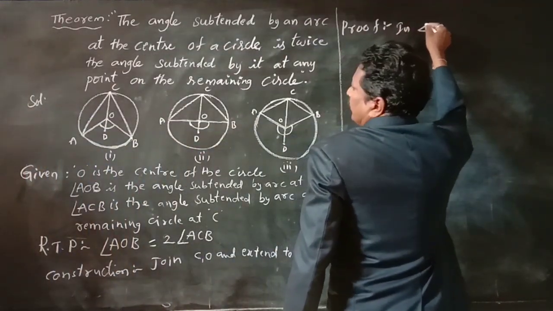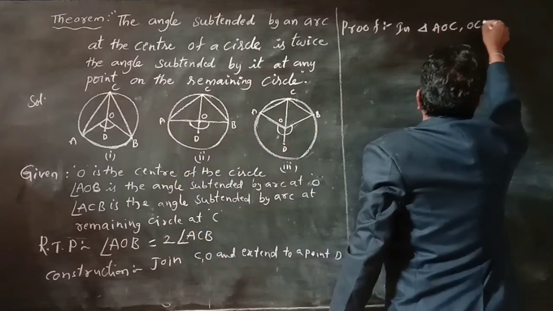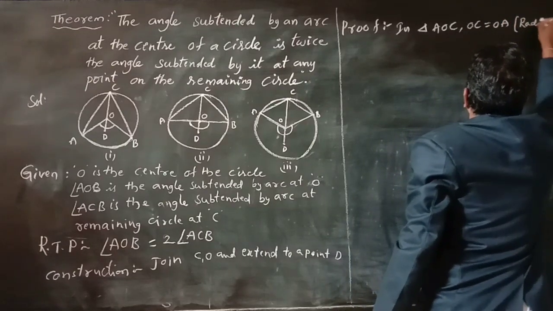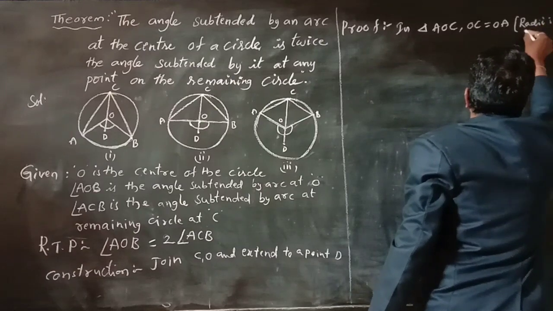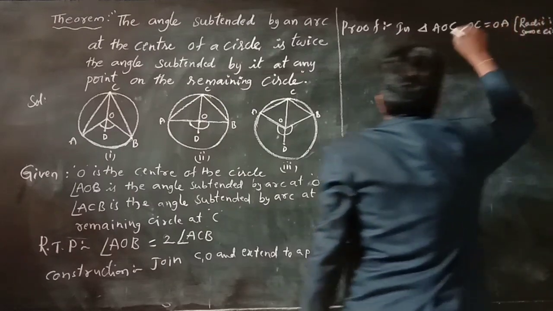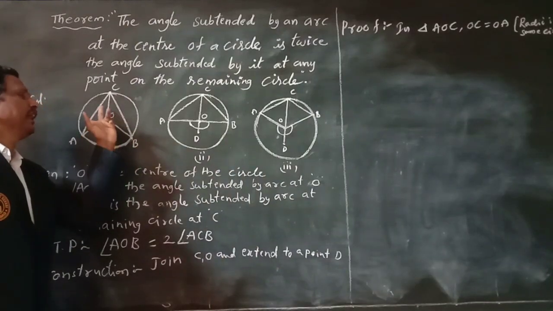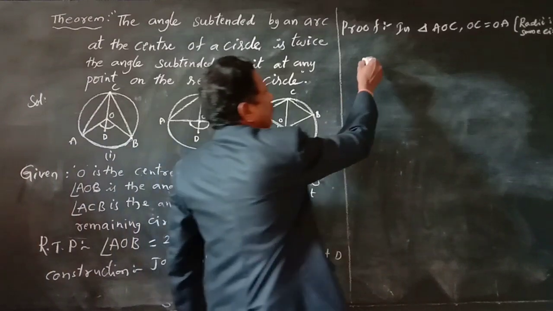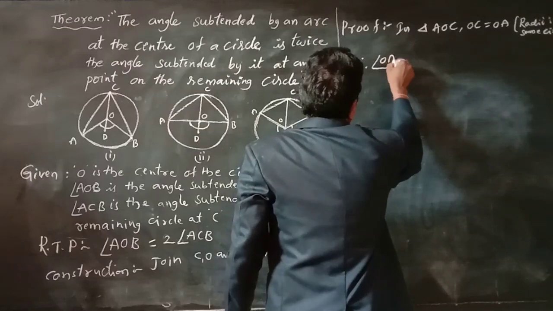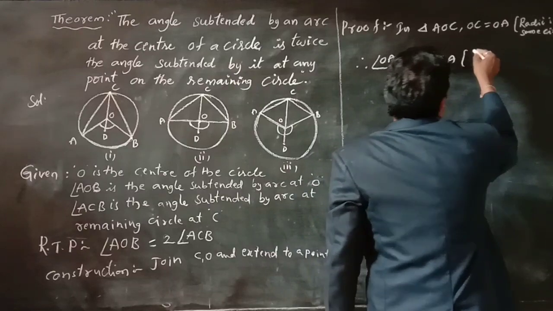In triangle AOC, OC is equal to OA, radii of the same circle. If 2 sides are equal, their opposite angles are also equal. Therefore, angle OAC is equal to angle OCA, opposite to equal sides.